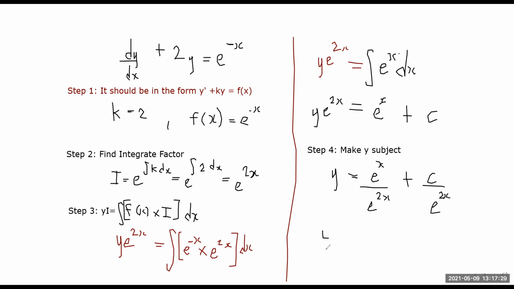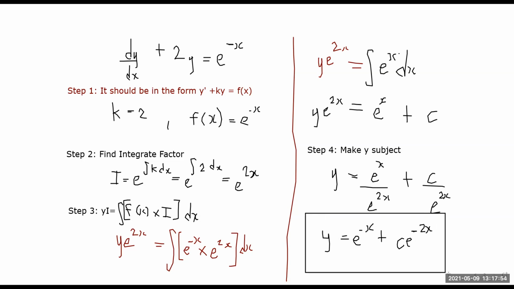So y will end up equal to e to the x minus 2x, which is e to the minus x. So y works out to be e to the minus x plus c times e to the negative 2x. And that's your general solution. This is y. That's your answer.